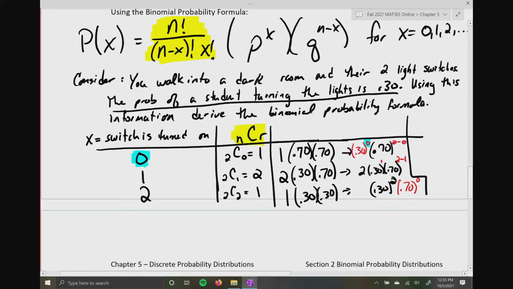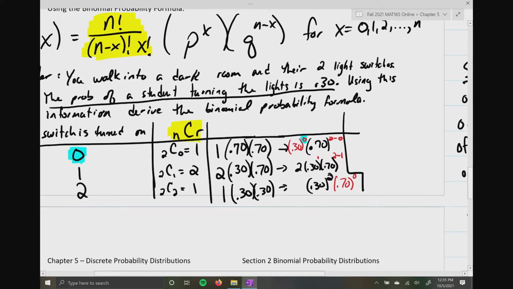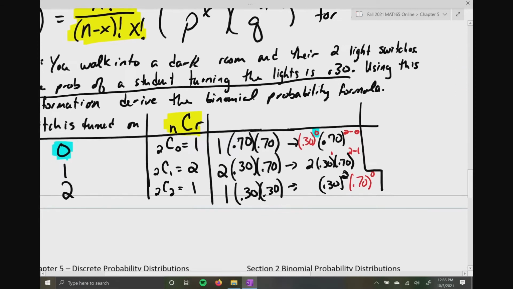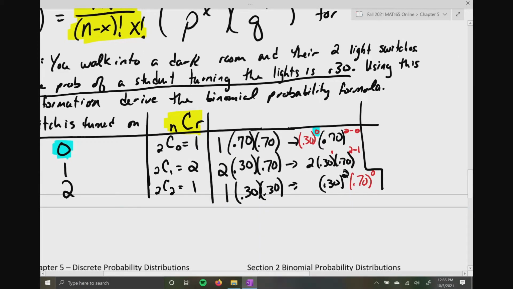And it's because we are creating a binomial probability distribution, and then we're looking at the probabilities associated with each outcome. So over here on the right-hand side, if I were just to multiply these out, I can do that real quickly. For the first one, we're going to get 0.49.